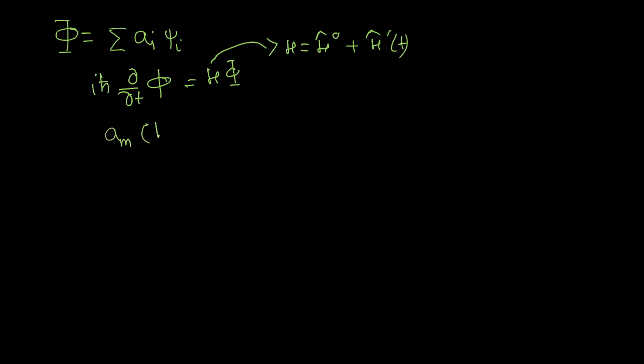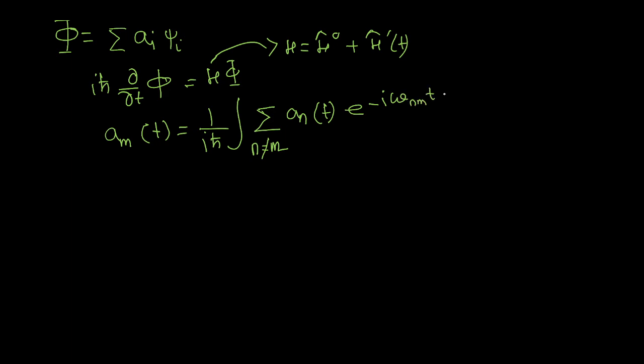So a_m is denoted by i h cut some integral for n not equal to m. If n equal to m, the whole integral will vanish, because if n equal to m, this part will not exist.